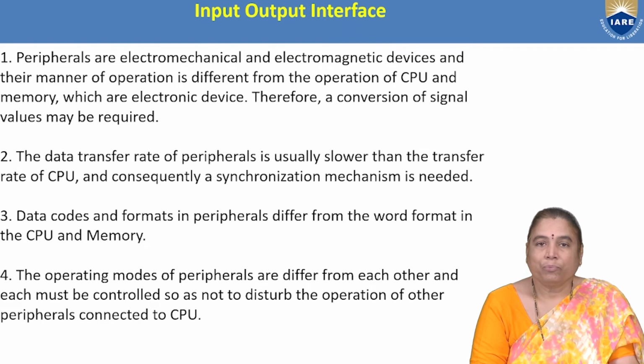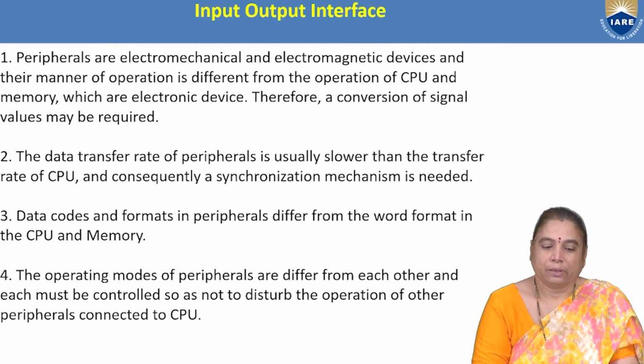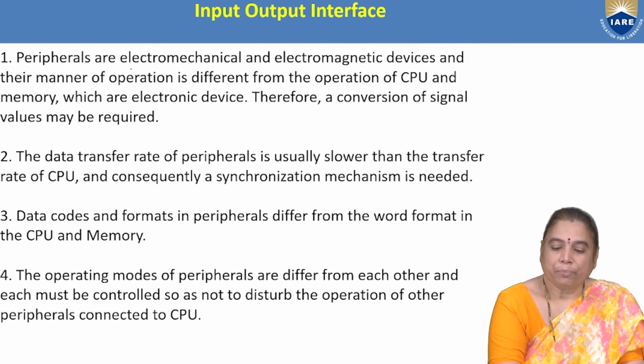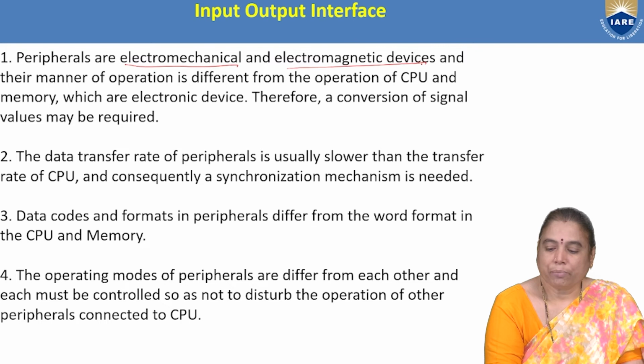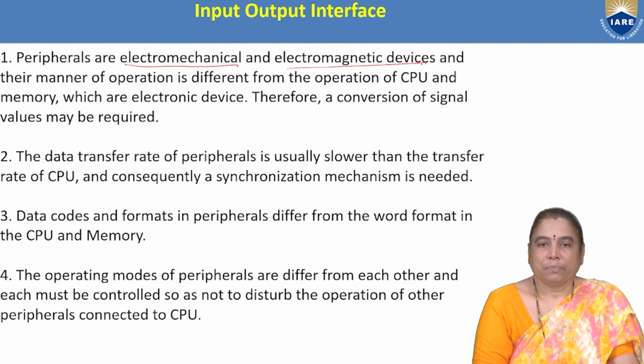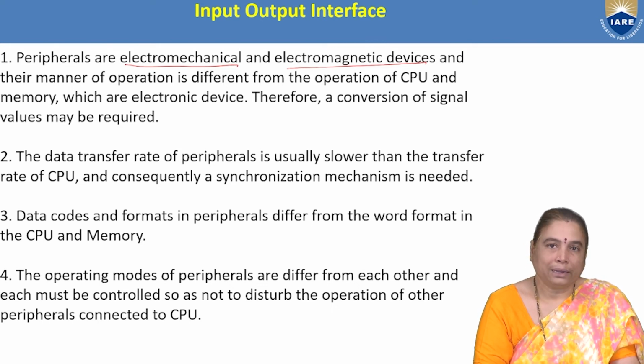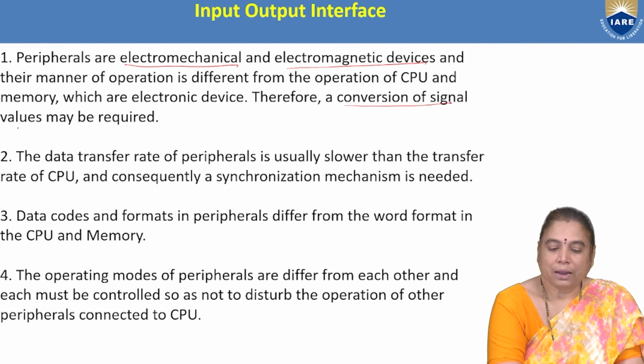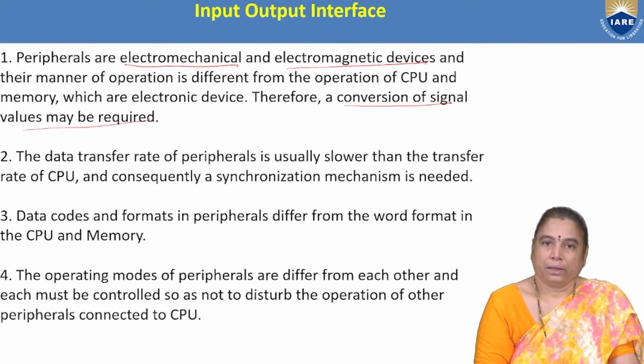Because of majorly four reasons. Peripheral devices are electromechanical or electromagnetic devices. That means all input-output devices are generally electromechanical or electromagnetic devices. But a computer is an electronic device. So a conversion of signal values is required.